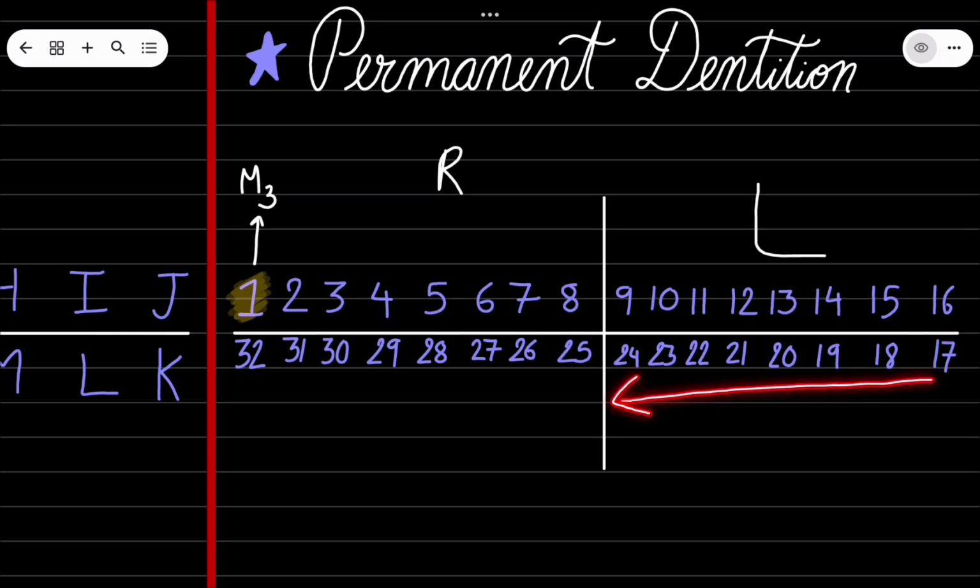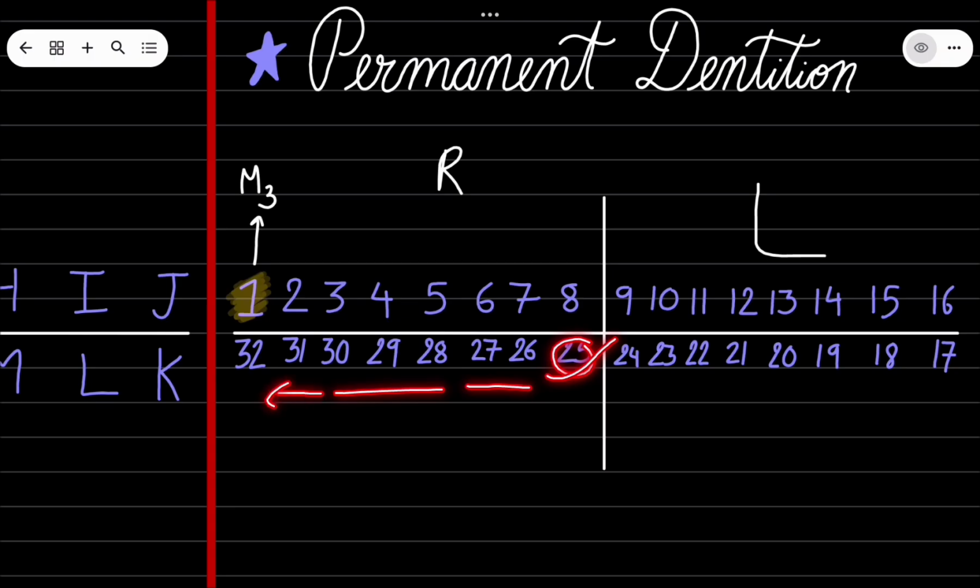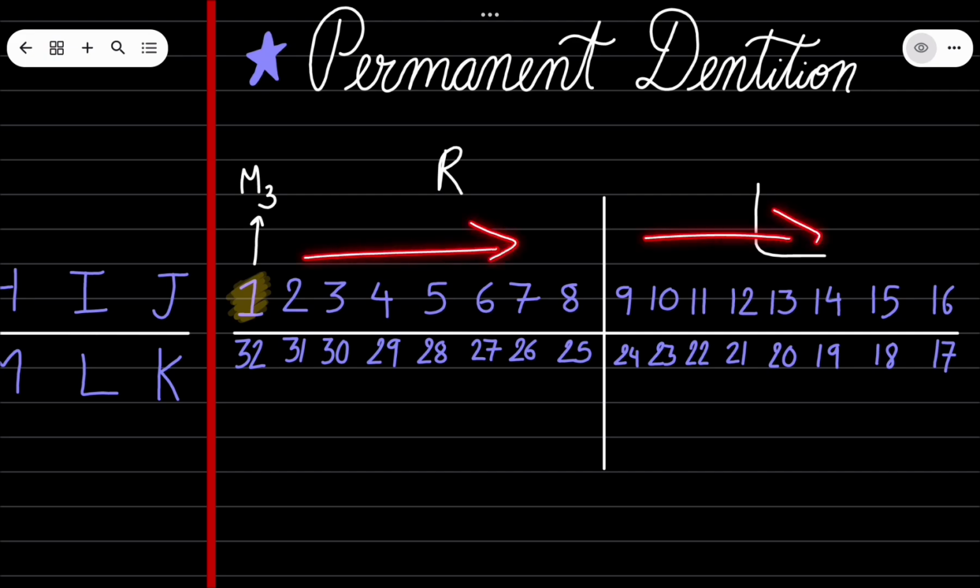We will move like this, and we will move on to the right mandibular quadrant, where we will give the number 25 to the central incisor, moving on, and the last number 32 will be given to the right mandibular third molar. So we will be following this sequence over here. So this is how the numbering is done. Always remember, start the numbering from the right maxillary third molar.